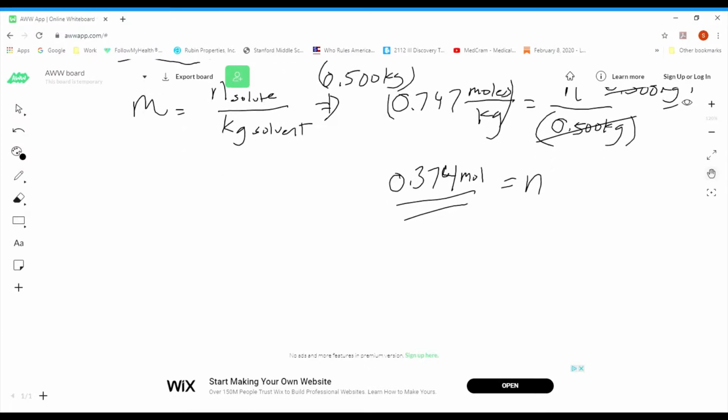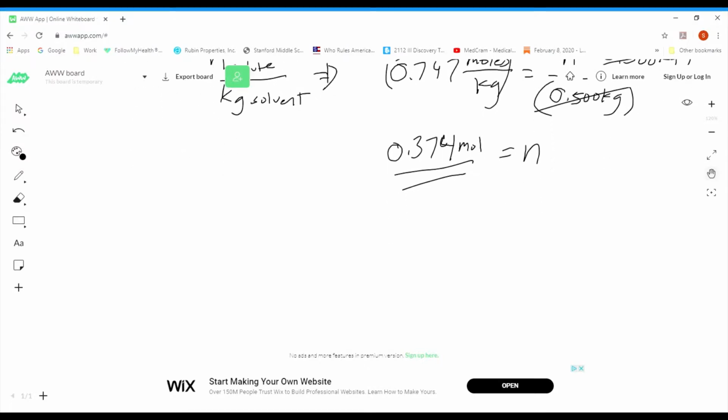Now that I have moles, I can figure out the molar mass. Because remember, I just need grams divided by moles to get molar mass. So my final equation is molar mass. These I can put in directly. It's grams of a chunk of something divided by moles in that chunk of something.